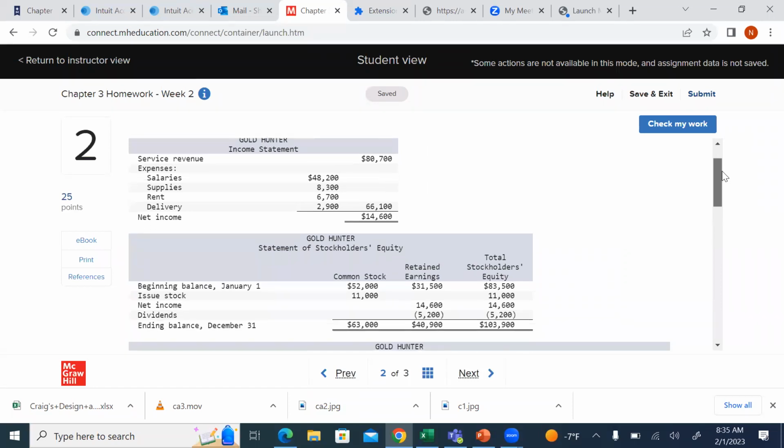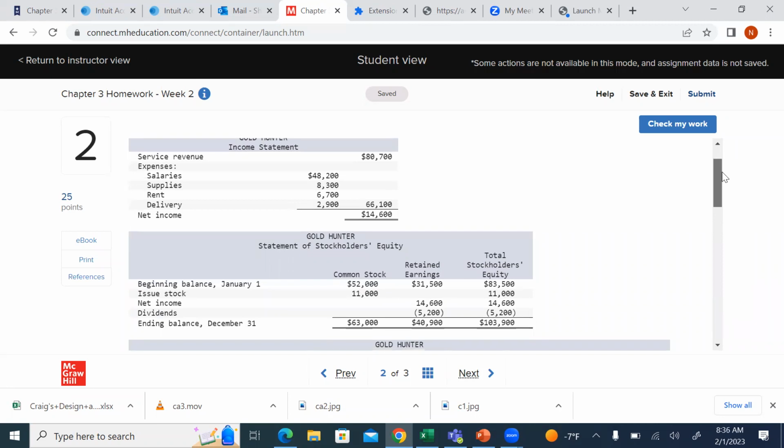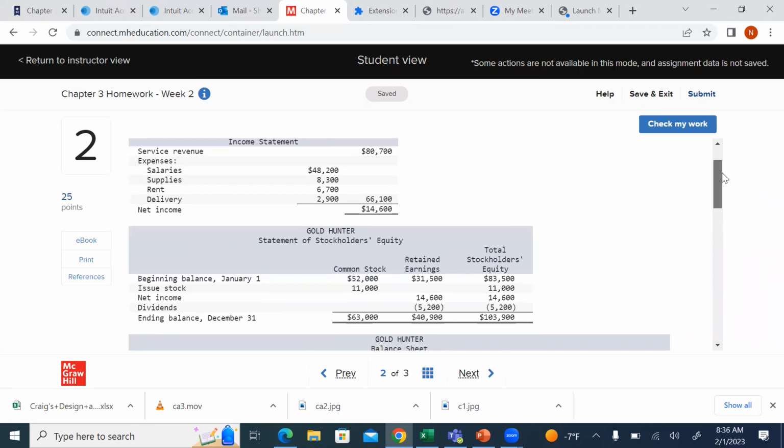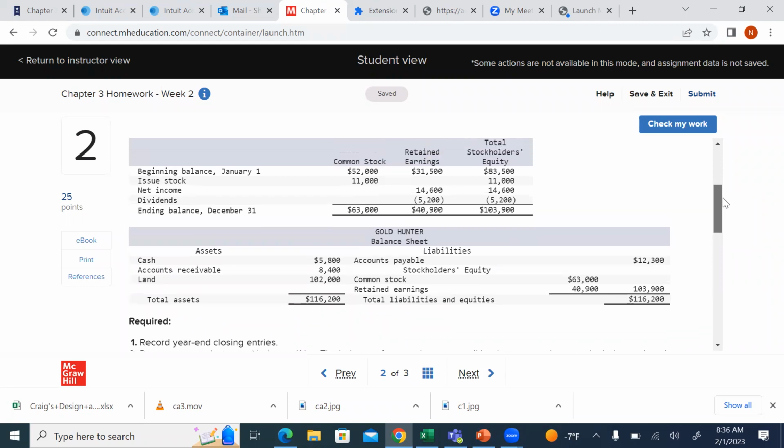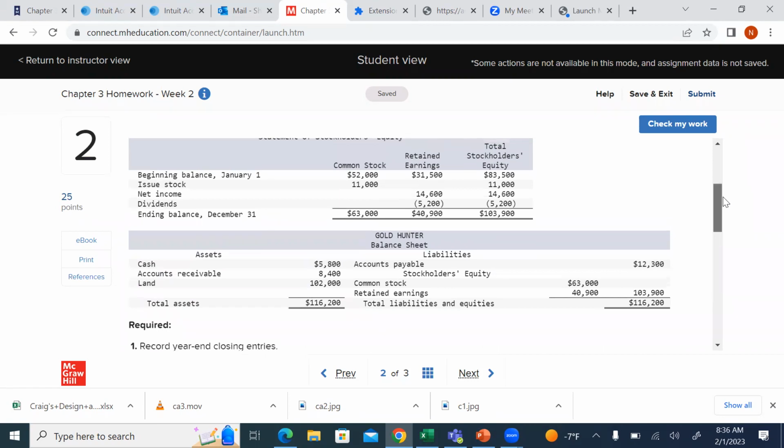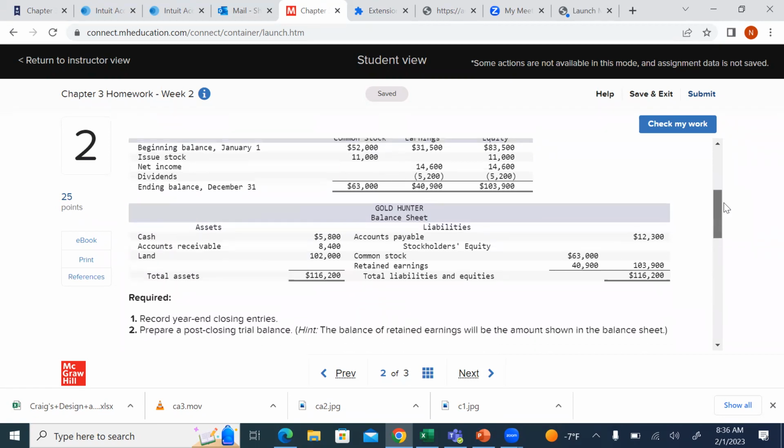Here is the statement of stockholders' equity, and here is the balance sheet. It wants us to prepare the closing entries.